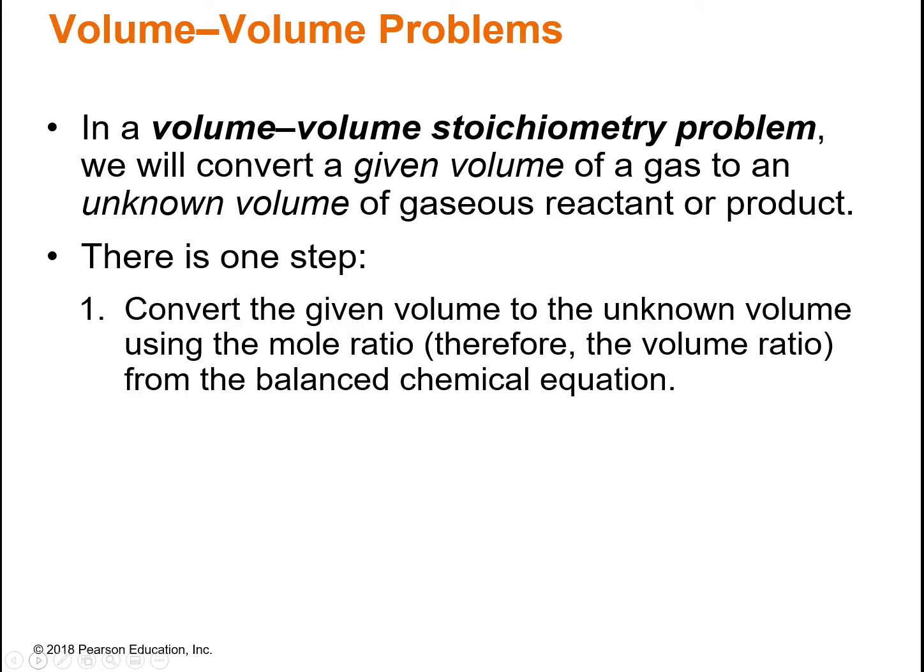With volume to volume, you're given a volume and you're asked about a volume. And there's only one step. That's why this is the easiest. You can use the given volume and a mole ratio, which is the volume ratio from the balanced equation, to figure out the unknown volume.